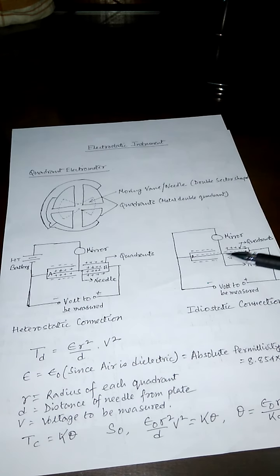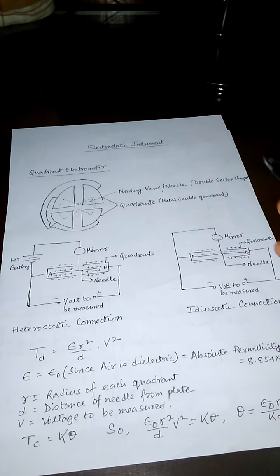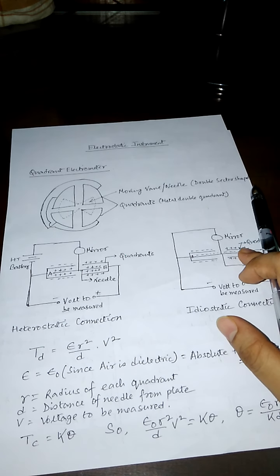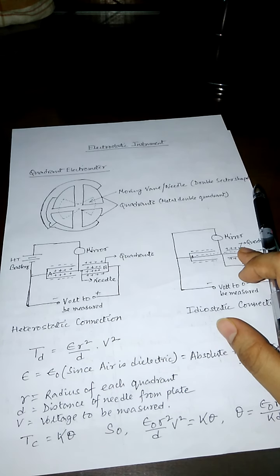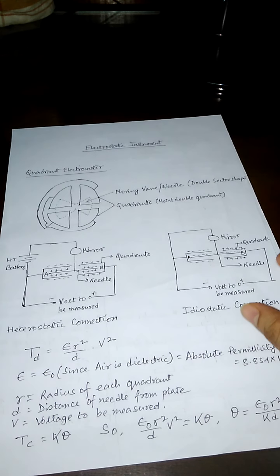Now when the moving vane rotates between the quadrants, obviously a controlling torque provided by a spring provides the control action. We know that in a deflecting instrument there is a deflecting torque, and there is also a controlling torque, and when the deflecting torque is equal to the controlling torque, the system is in balance condition.